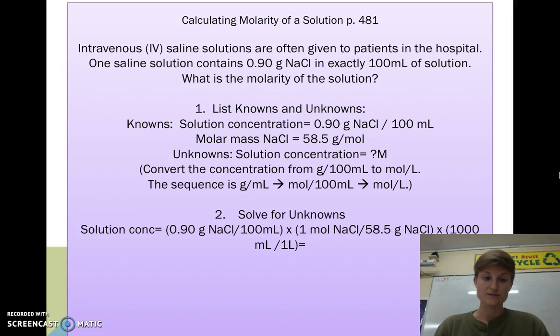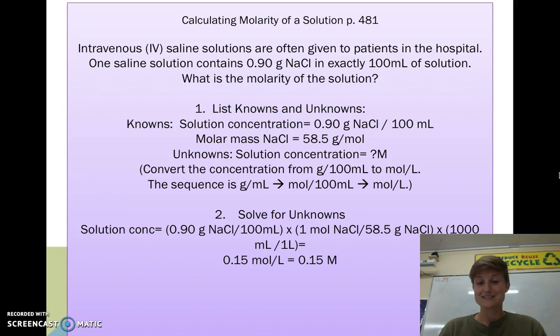So the solution concentration, or conc, is your 0.9 grams of sodium chloride for 100 mils of the solution. You're going to multiply that by the molar mass of sodium chloride, and then you're going to multiply that by 1,000 milliliters to convert from milliliters to liters.